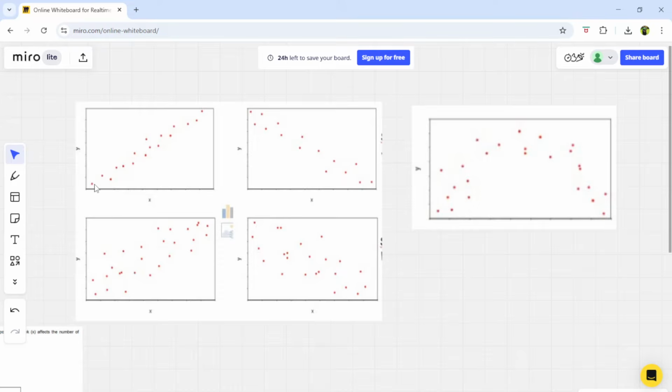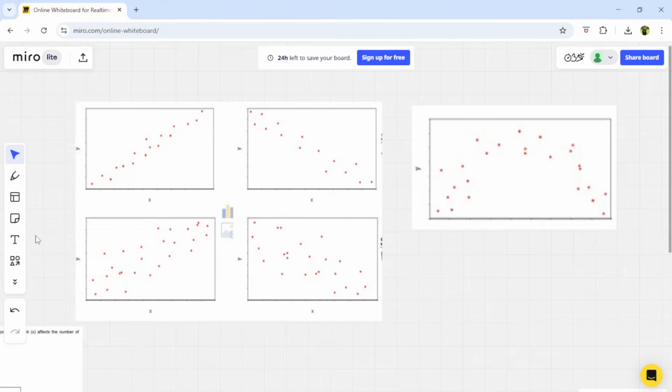Looking at this graph from the left, or looking at these points from the left, we can see that they are going up. They are going up. So basically means that this is positive. They're going up, so it is positive. And then now the second thing that you look at is are they close to each other or are they far from each other? Are they scattered or are they close to each other? We can see that these points are close to each other.